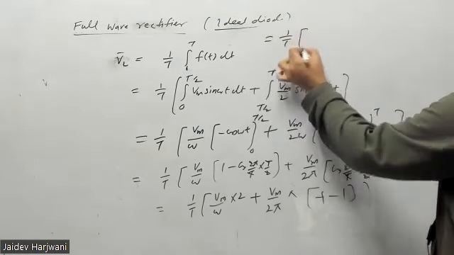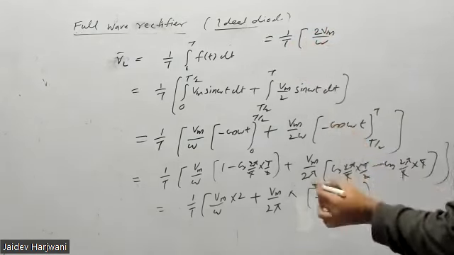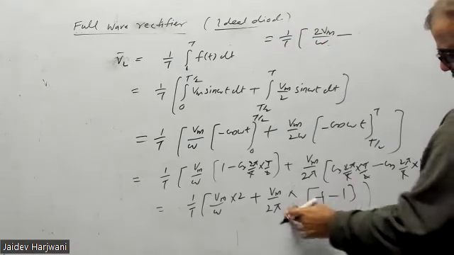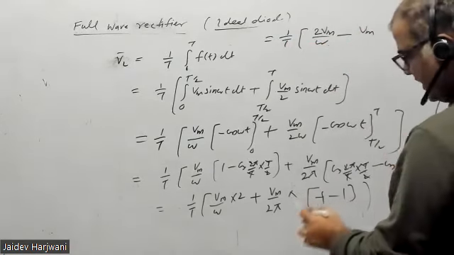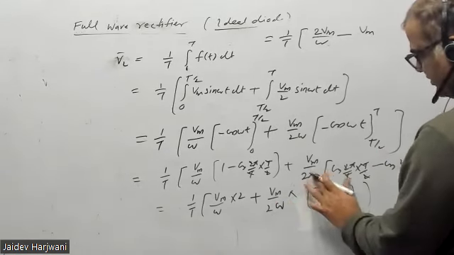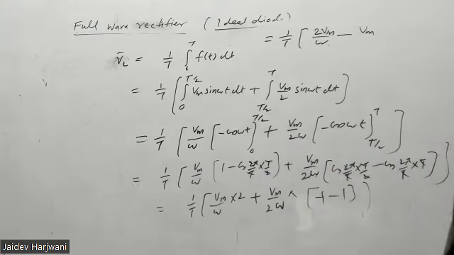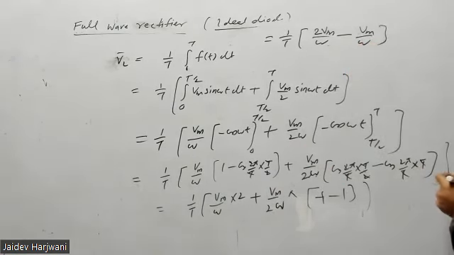1 by T, 2 Vm upon omega minus Vm. Okay, and omega is also there, no? Here also omega is there, 2 omega. It's not pi omega. Minus Vm upon omega. Yes or no?